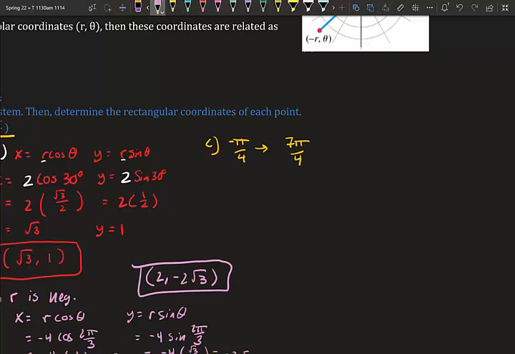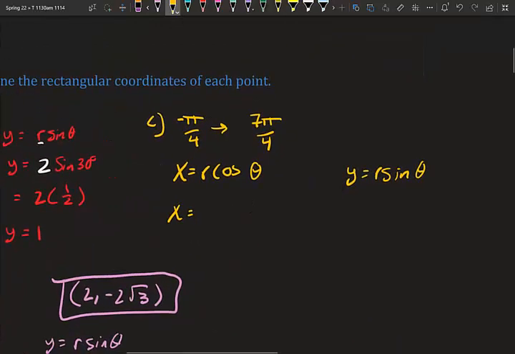So for our x coordinate, we have x equals r cosine theta, and then y equals r sine theta. In this case, it's 7 pi over 4. Our r is 5, so we have 5 cosine 7 pi over 4. Then we have 5 sine 7 pi over 4.